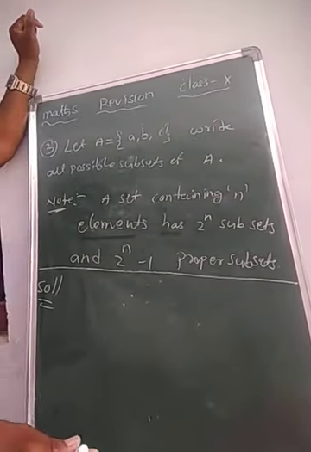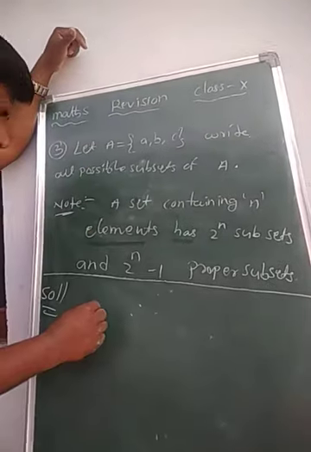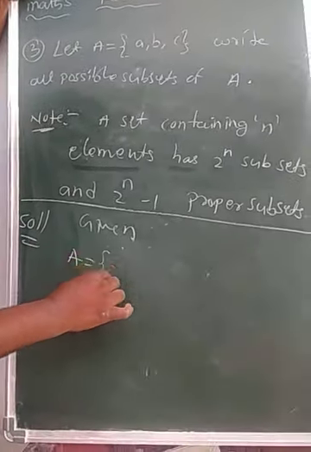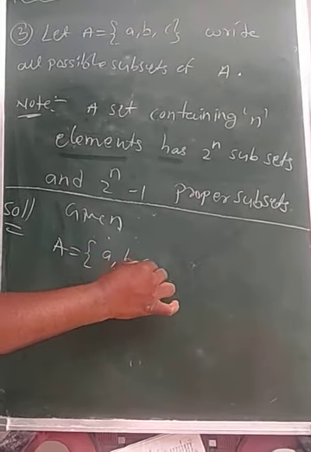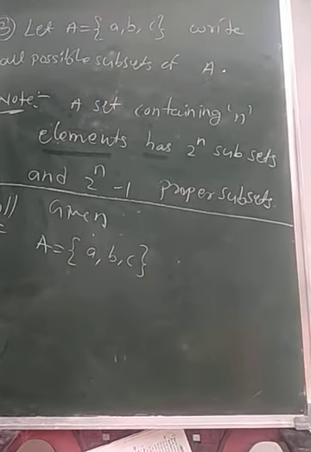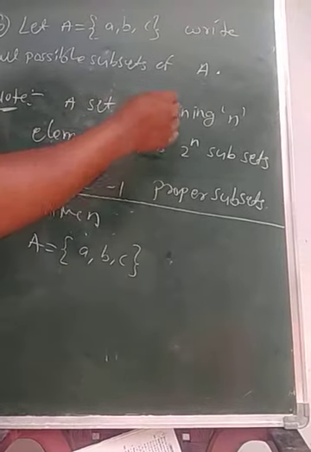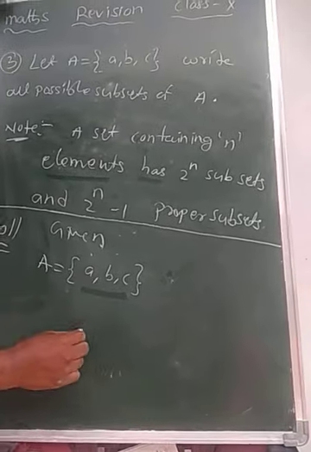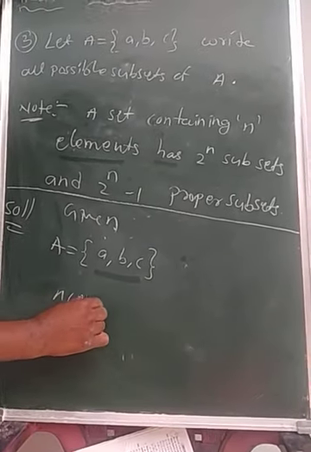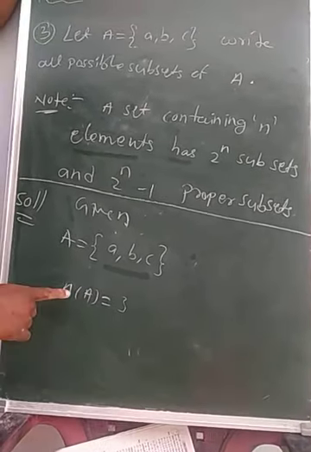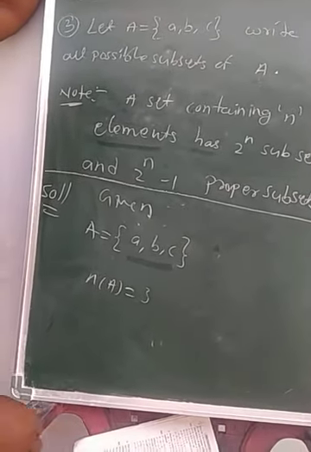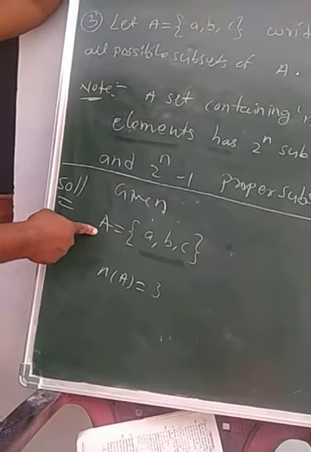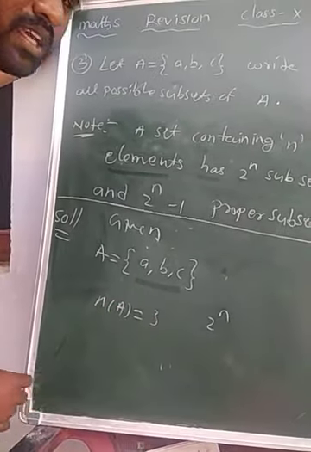Okay, so now the given set A is equal to {a, b, c}. Now what is the number of elements, Nana? How many elements or members are there? n of A is equal to 3, and the cardinal number of A is equal to what? 3. Then if you want the subsets of the set A, that is 2 power n.